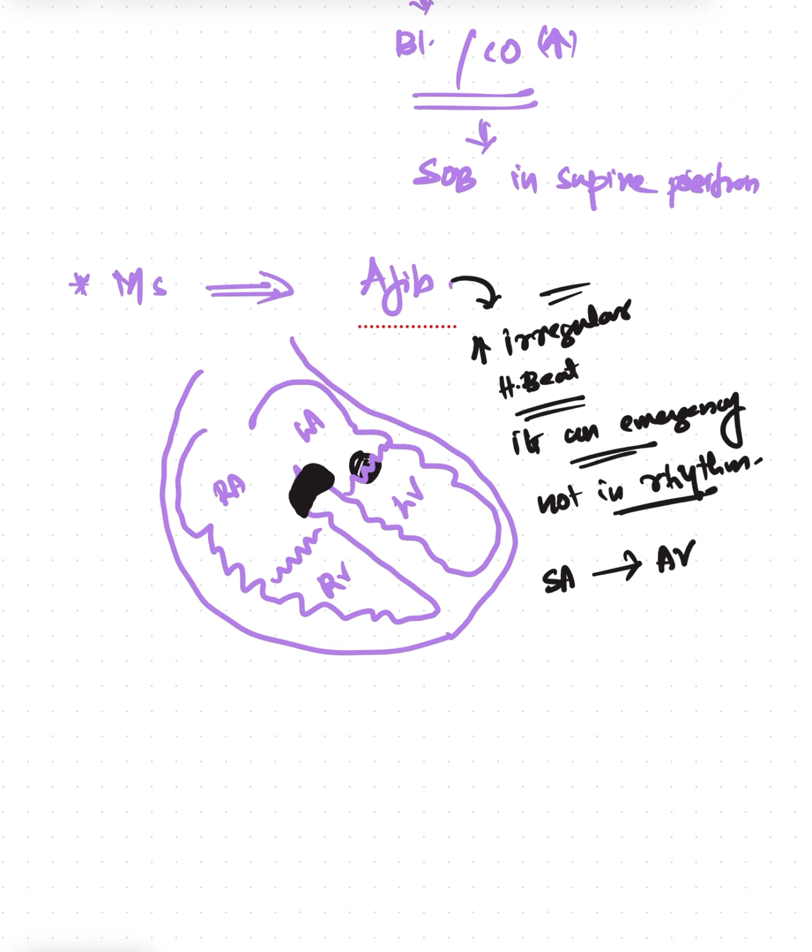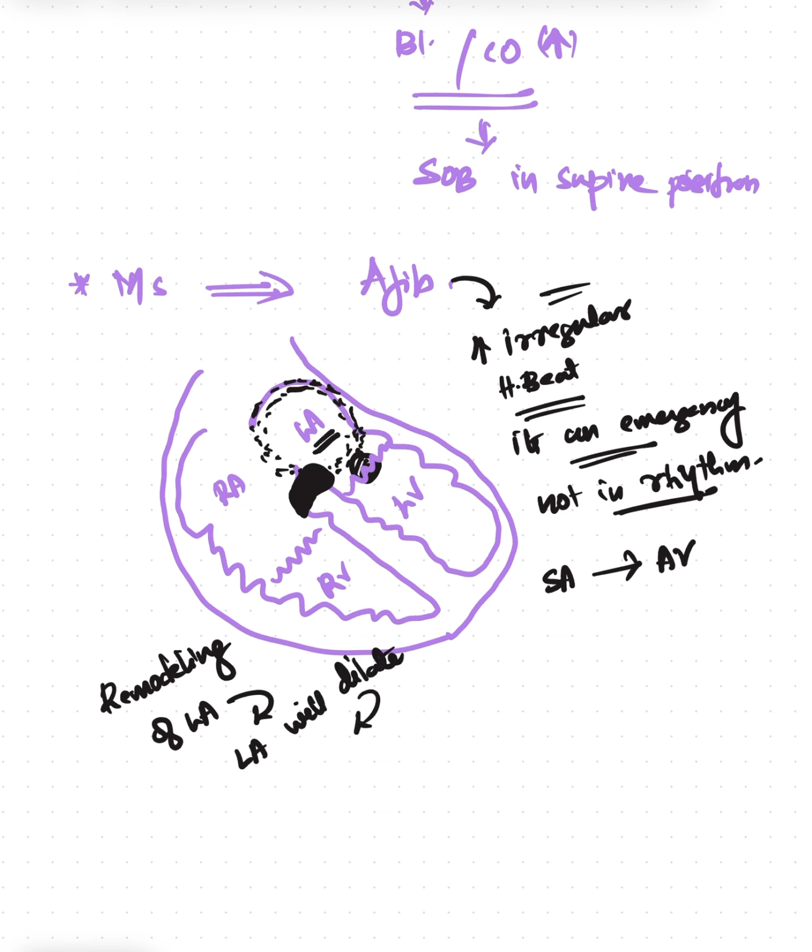As the left atrium is getting enlarged due to the pressure, and due to this enlargement and long-term effect, the left atrium will undergo remodeling, because the left atrium will dilate and undergo fibrosis.